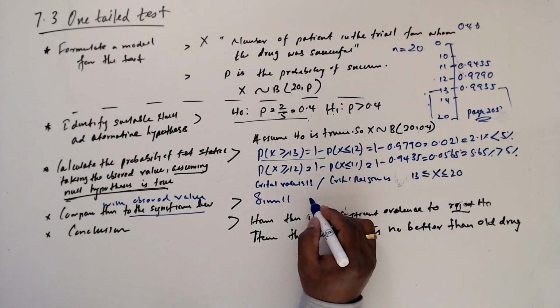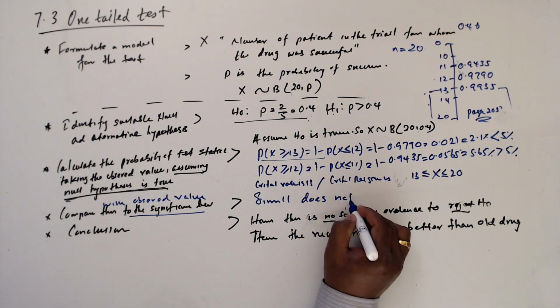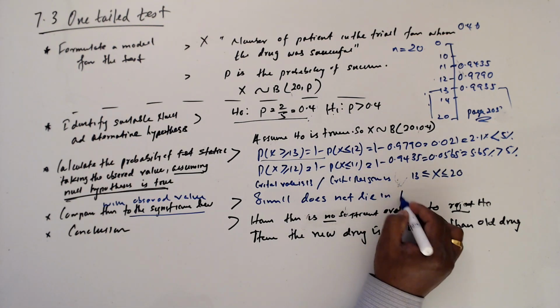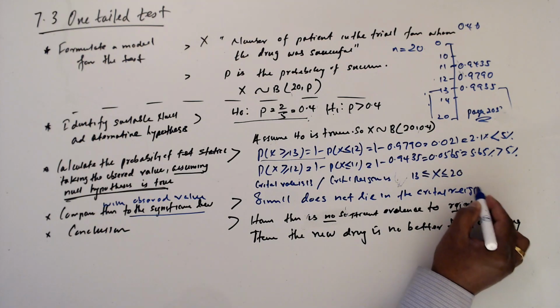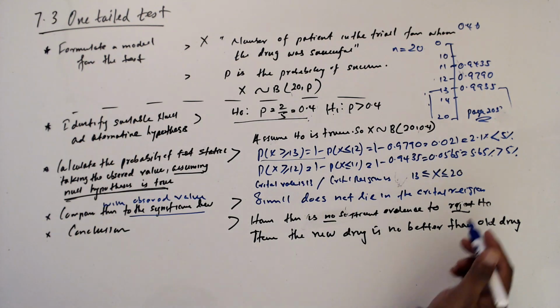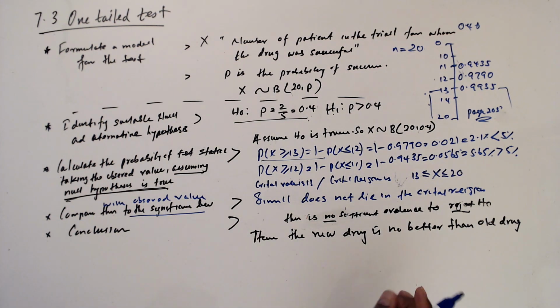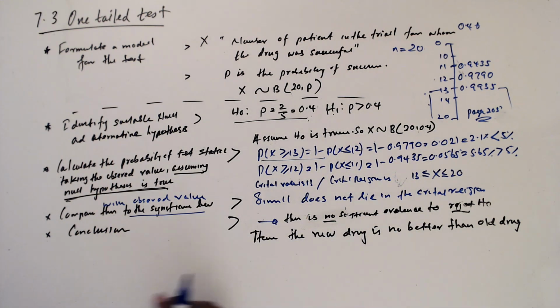Since 11, the observed value, does not lie in the critical region, there is no sufficient evidence to reject H naught.